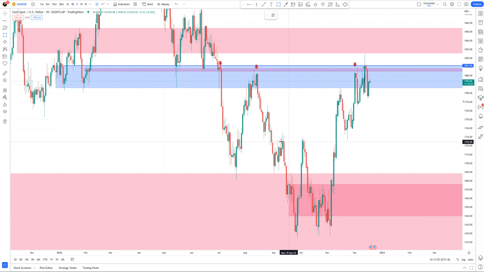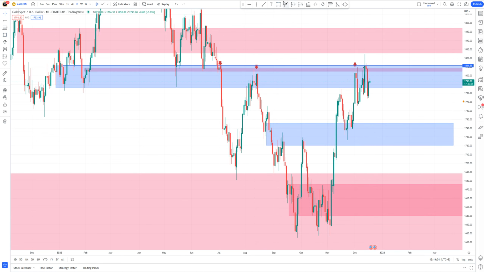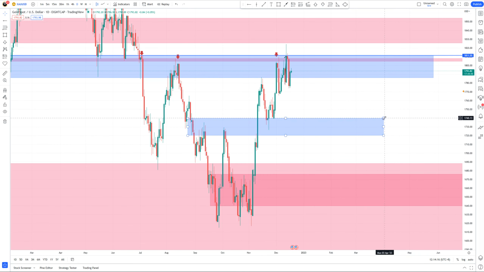For the daily time frame, I'll be marking this level, and the reason I am marking it is because, again, this is our engulfing fail, and then we have these two rejections over here, the first rejection and the second rejection. So that's why we have price coming back into this zone, and I will be waiting to see if price rejects this level.